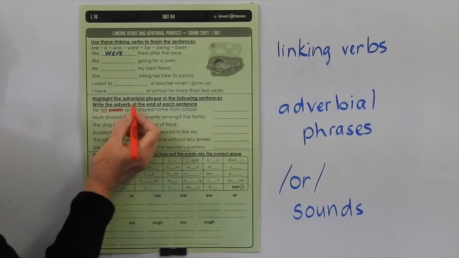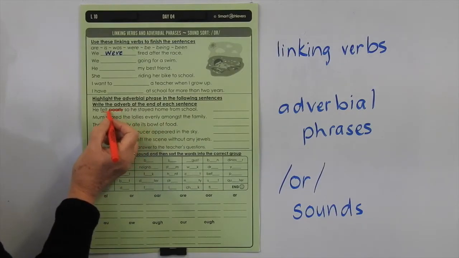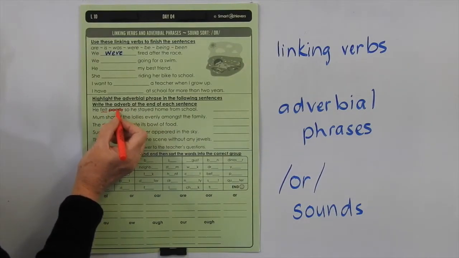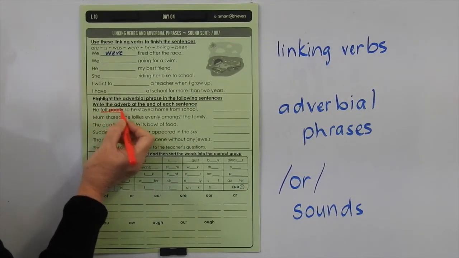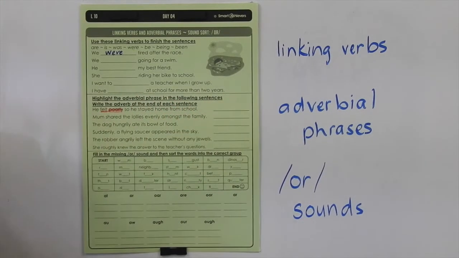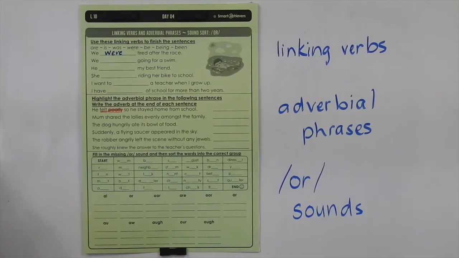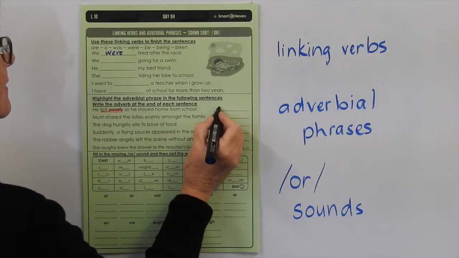Now, if it's asking for the adverbial phrase, that means the word that the adverb goes with. So the adverbial phrase would be felt poorly. So it contains the adverb and the verb that it's describing. But at the end here, we only have to write the adverb. So we're going to write poorly at the end.